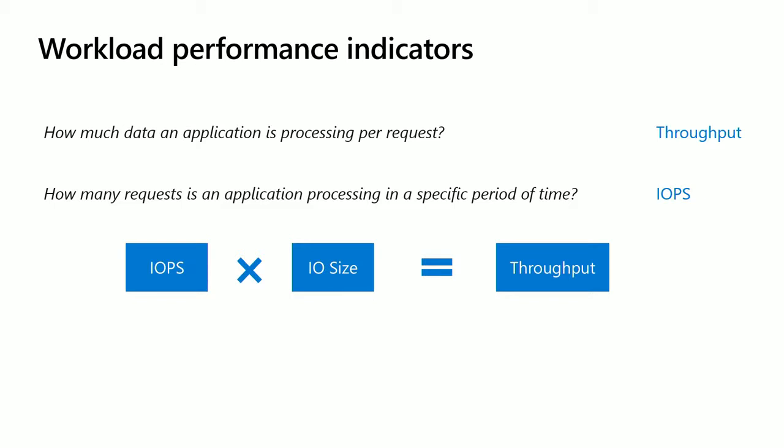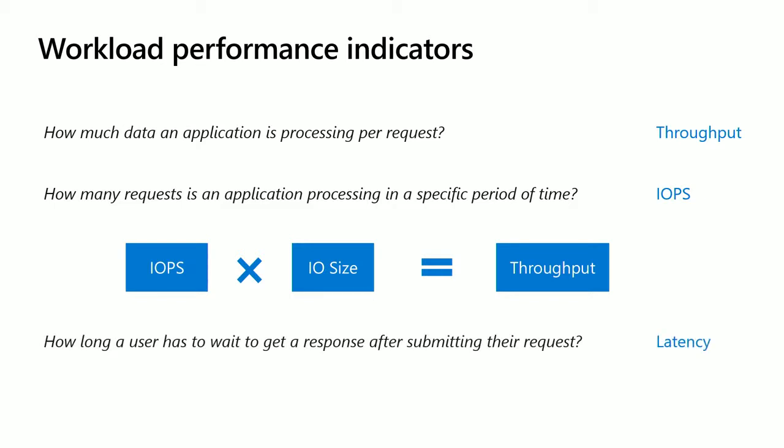Now, IOPS and throughput are extremely related to each other. The number of IOs that I can send to my application times the size of each IO really determines the overall throughput that I can pass to my application. And last but not least, the golden question, which is how long does my user need to wait every time they send a request for them to actually receive the response that they need, which is latency.